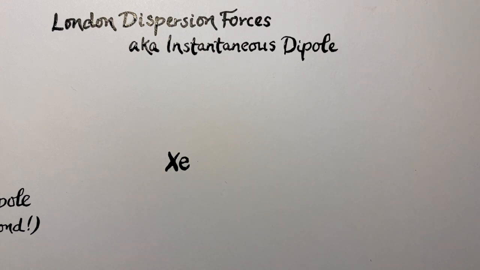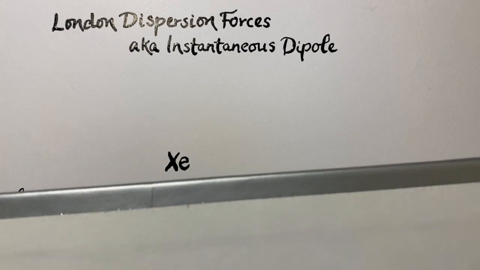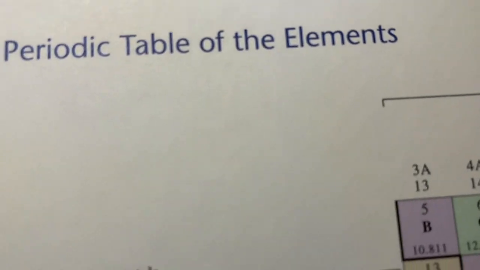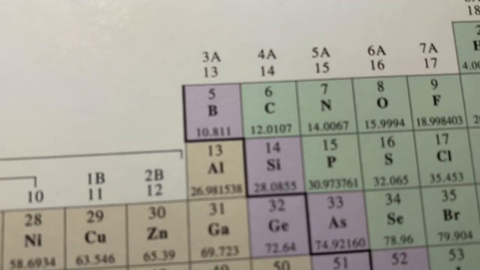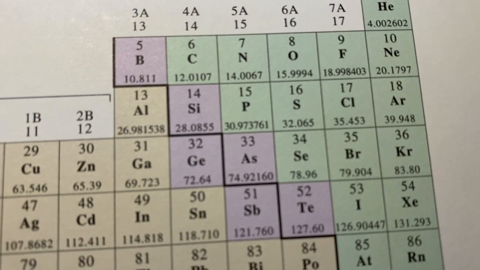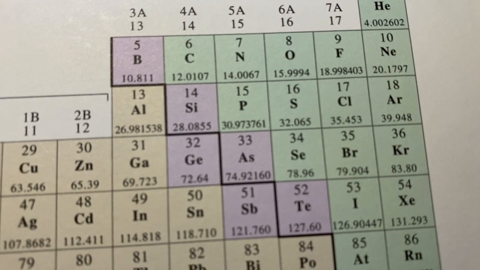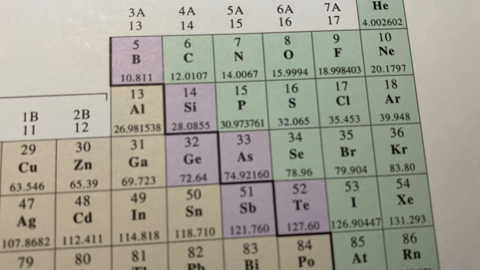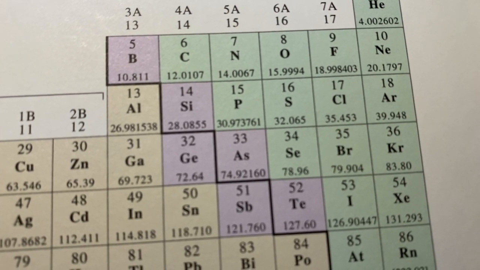Let's see. Okay, bring in our periodic table. Alright, periodic table, the elements. I'm over on the right side. There, you can see xenon. It's element number 54, the lower right.